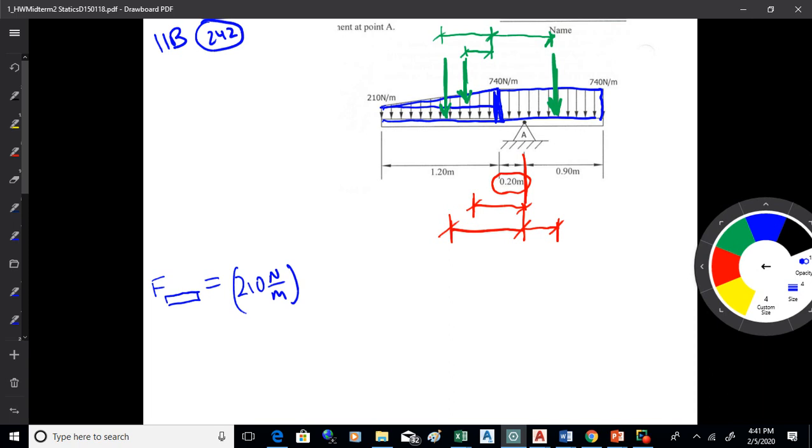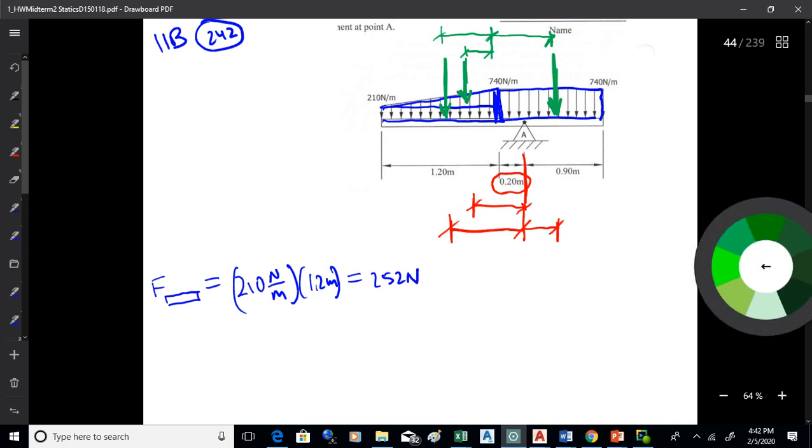The length of it is 1.2 meters. Okay, and you can calculate that out and get that force. That's 252 newtons. So that force there is 252 newtons.